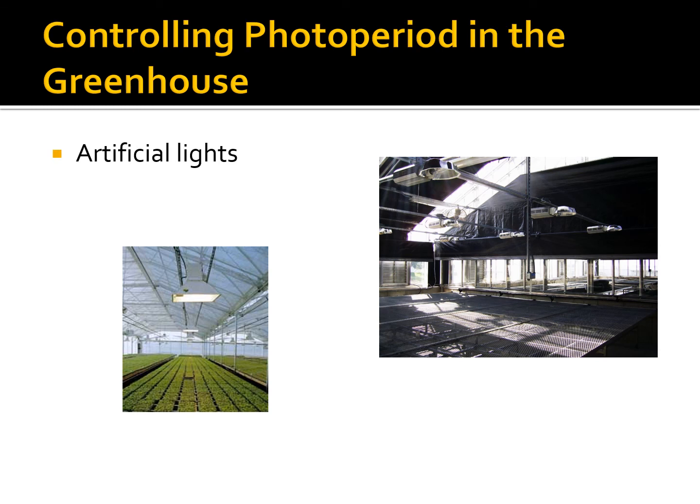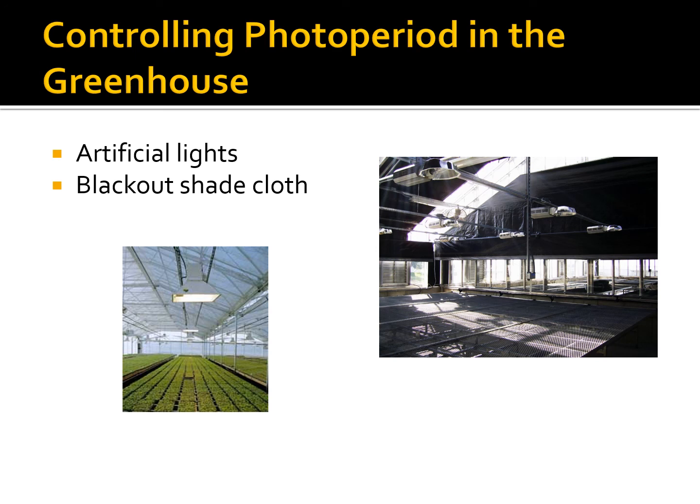If we want to extend the photoperiod and make it longer, we can have those artificial lights come on just at sunset or dusk, and they can extend the photoperiod if that's what we desire. Or some greenhouses are equipped with blackout shade cloths.